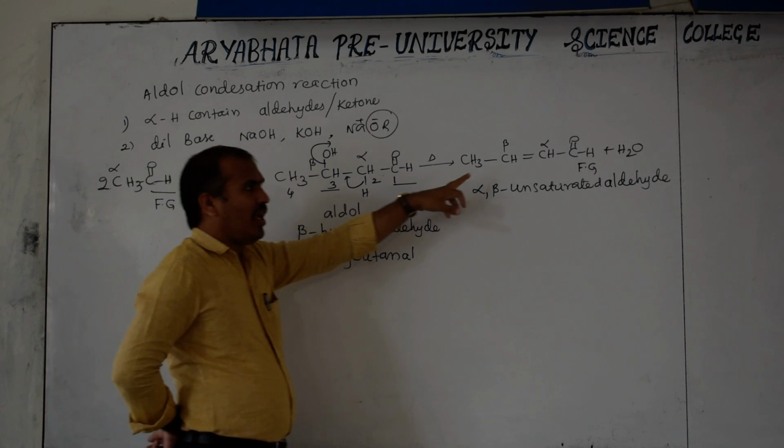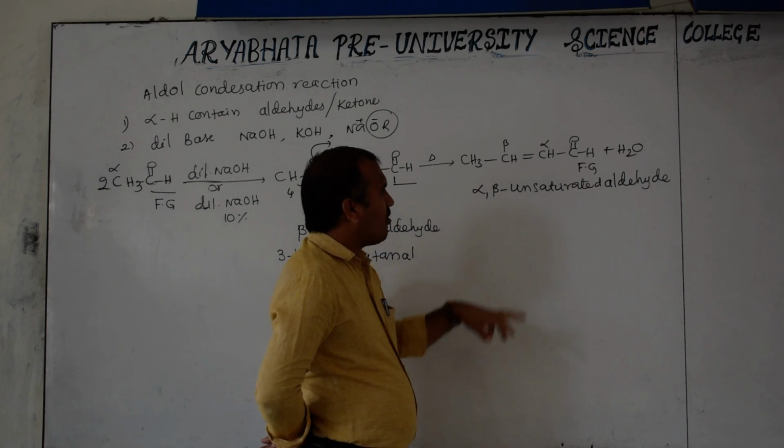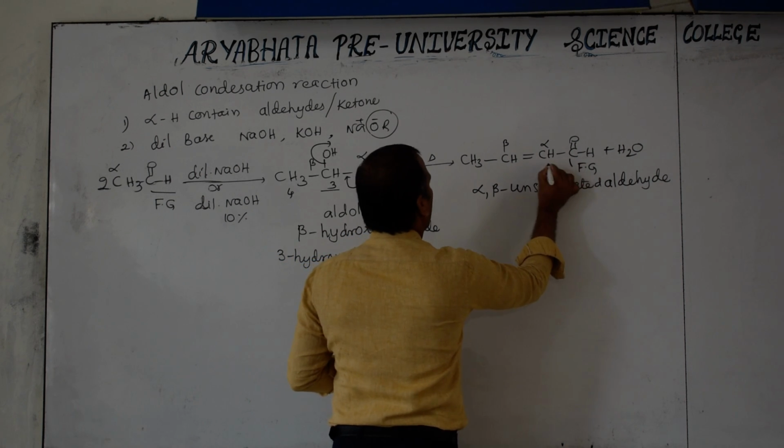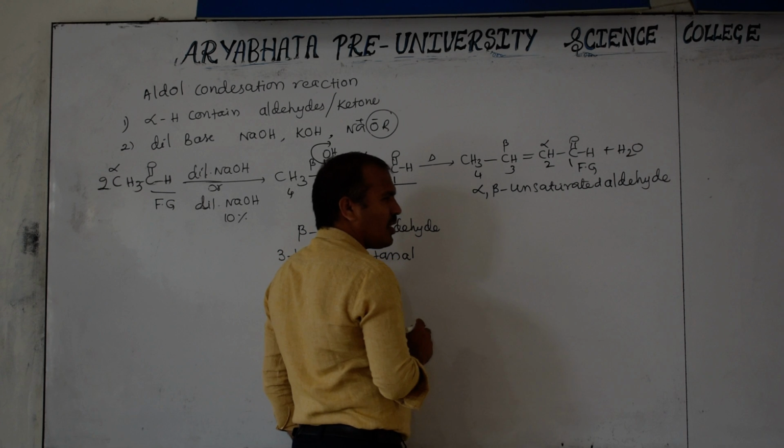Now, I already discussed this name in nomenclature. What is the name of this compound? Give the numbering from here: 1, 2, 3, 4. Total how many carbons are there? 4.